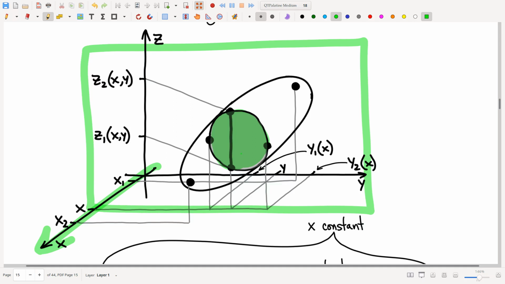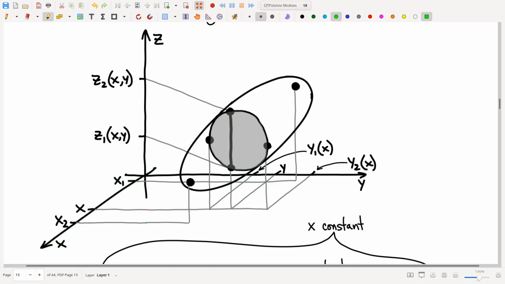Now let's ask first and last. What is the first of all of these slices? Where is that on the picture? Well, it's going to be back here, whatever point is furthest back into the screen. That point is what I'll use to determine my x1.